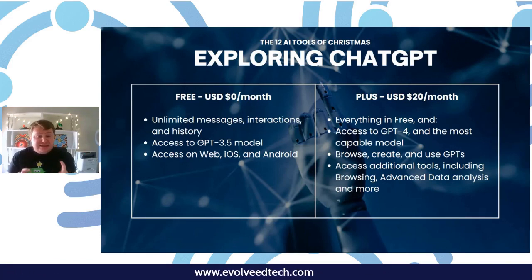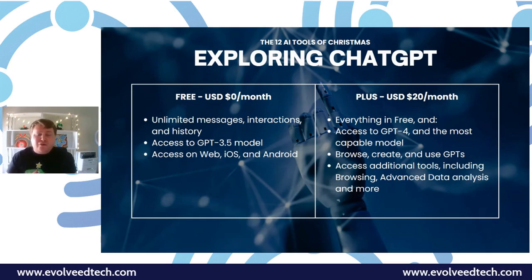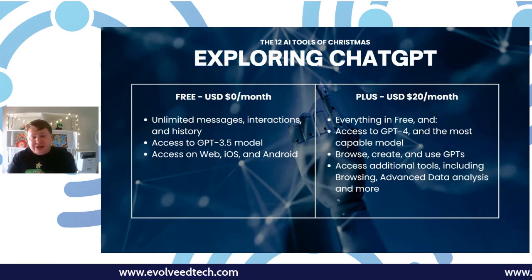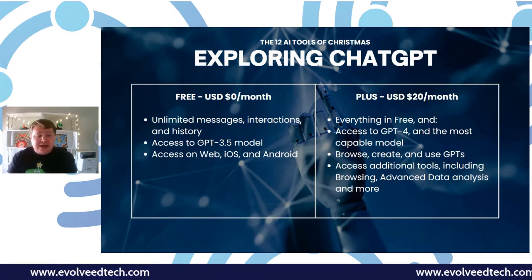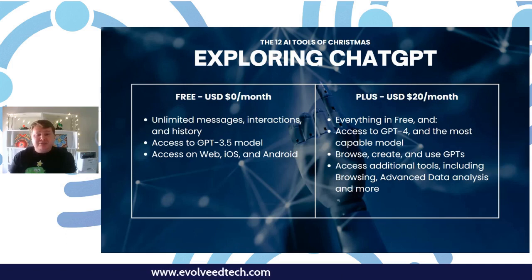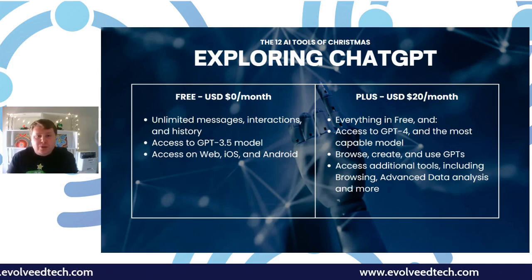I have used the Plus option before, and it's something that I will look at using again in the future. At the moment, I have just stopped using it because I'm finding the free version is enough for me. But you might find that Plus is the better option for you in the future. So just make sure that you're aware that there are the two options available for you.